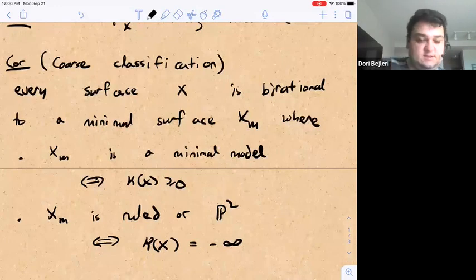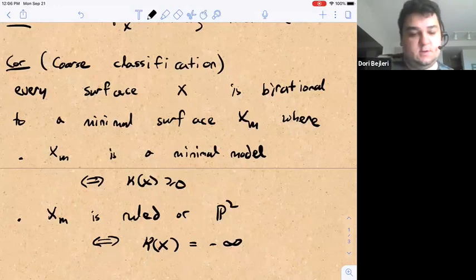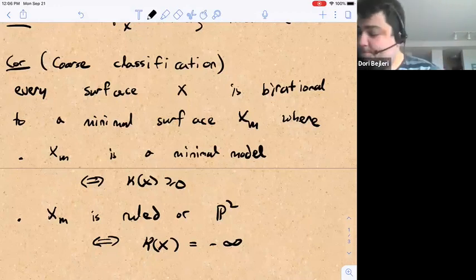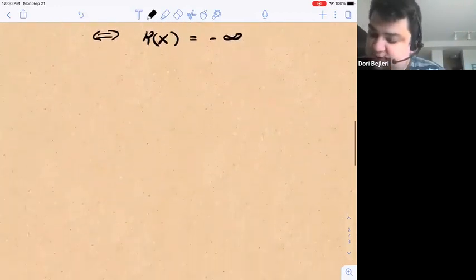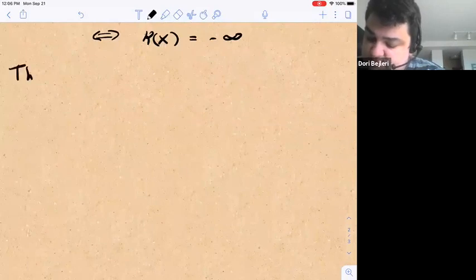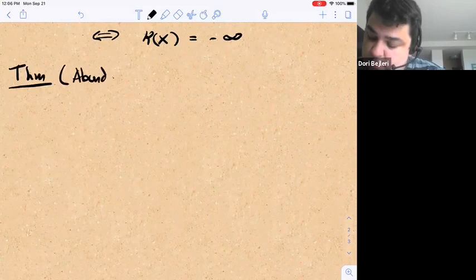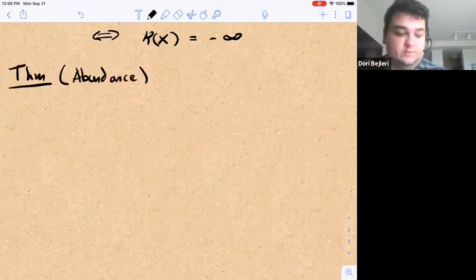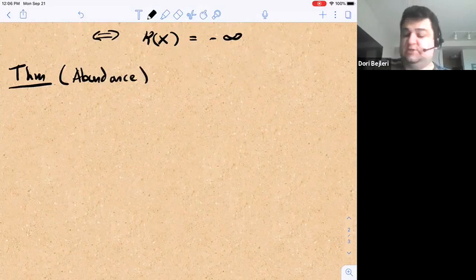And then the next very important theorem is the abundance theorem, which really follows from the non-vanishing in this case. Which says that once you know that the canonical bundle has sections, then actually it has a lot of sections.